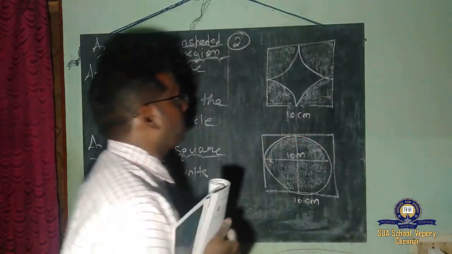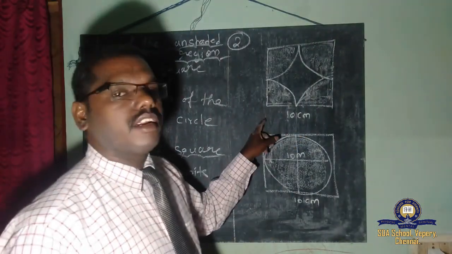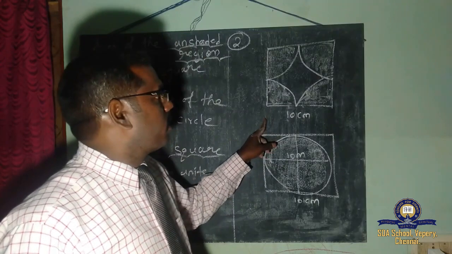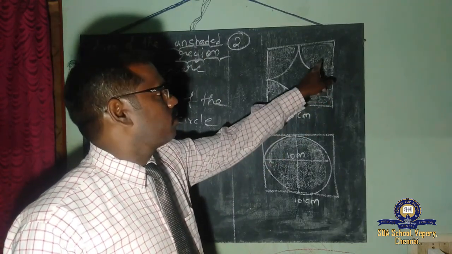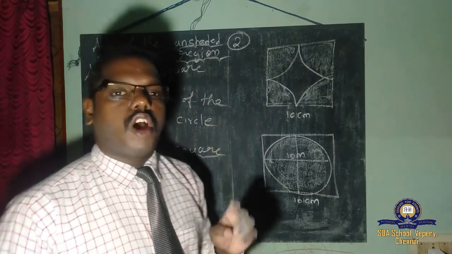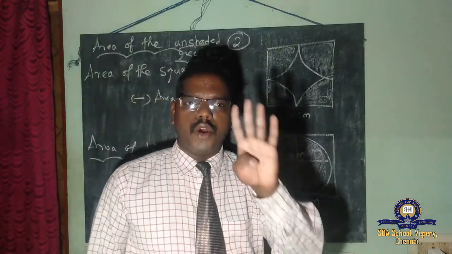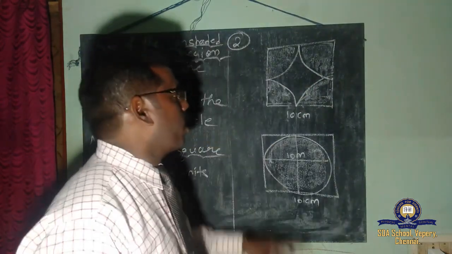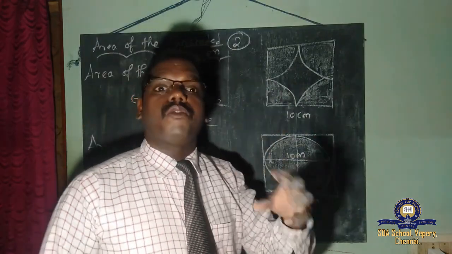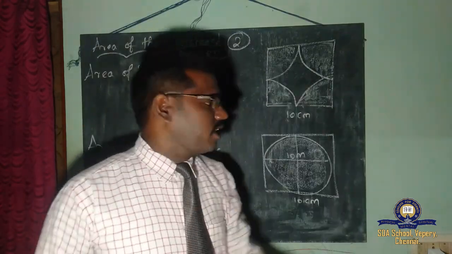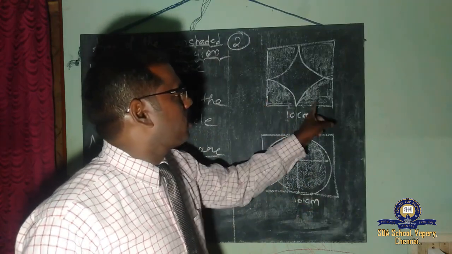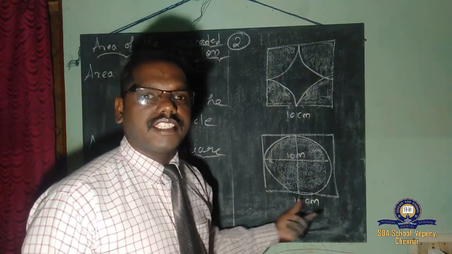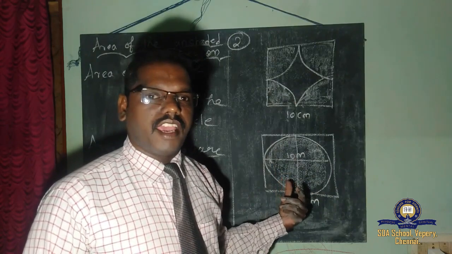You see, this is the given diagram. Here one quadrant is there, here one quadrant, there one quadrant, there one quadrant. So how many quadrants are there? There are 4 quadrants. Okay. When you unite the 4 quadrants, you can get the circle like this, isn't it? When you try to join the 4 quadrants, you will get a circle. Okay.